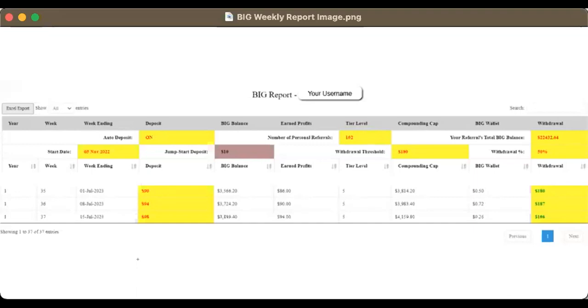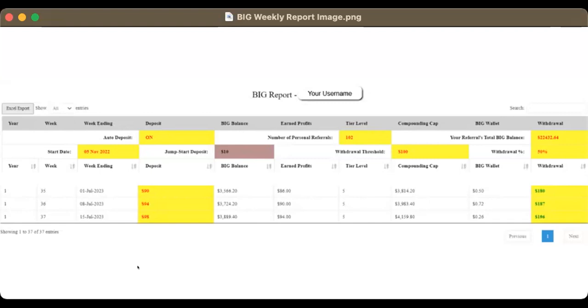This is for those people who are already receiving the automatic withdrawals to their internal wallet. So you'll see that description. And in this case, it was $96.21, but it shows as a negative on your big page, because this is where the excess, anything over your compounding cap, accumulates in your big balance.